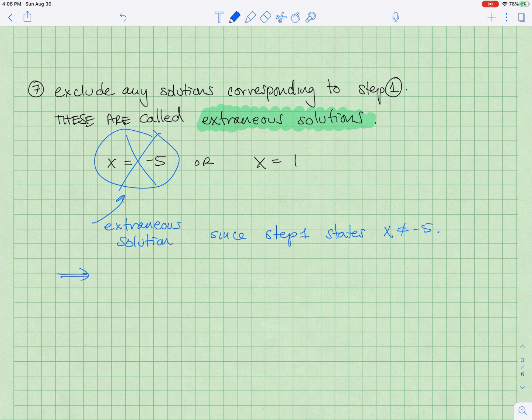So there's only one answer here, and it's x equals 1. And those are the guidelines, the process that you want to follow for solving any and all rational equations using this technique.